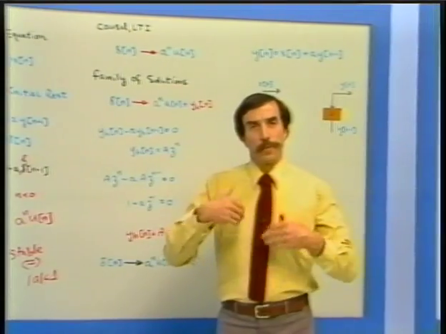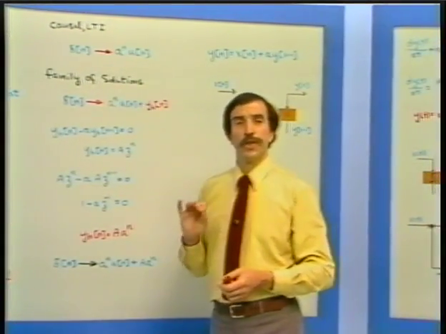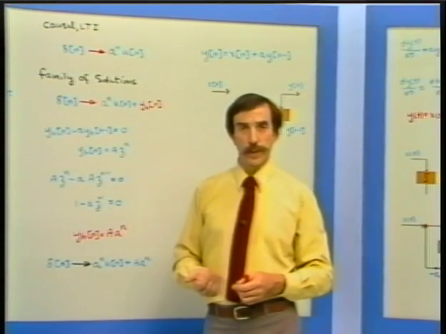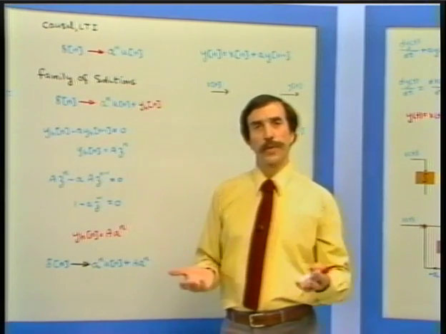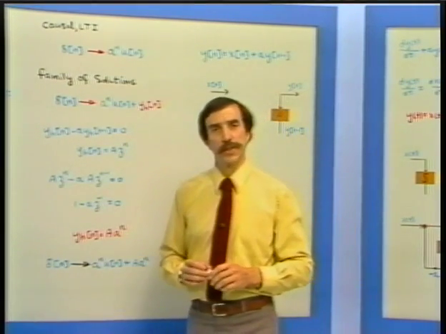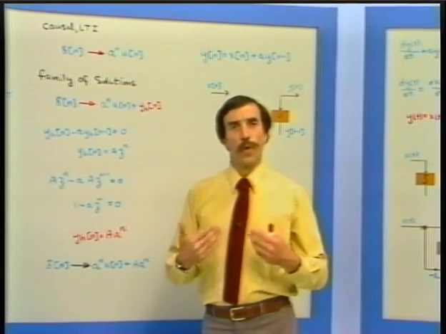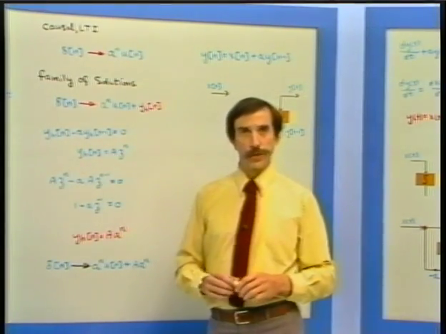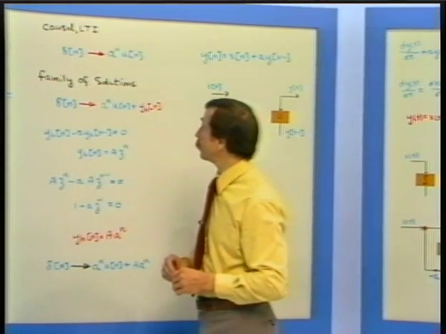Okay, now we imposed causality, linearity, and time invariance and generated a solution recursively. And now, of course, if we want to generate the more general set of solutions to this difference equation, we can do that by adding all of the homogeneous solutions, namely all the solutions that satisfy the homogeneous equation.